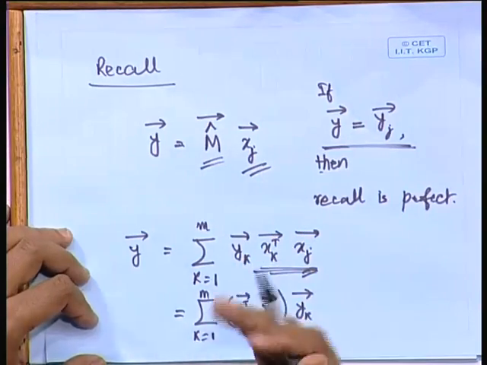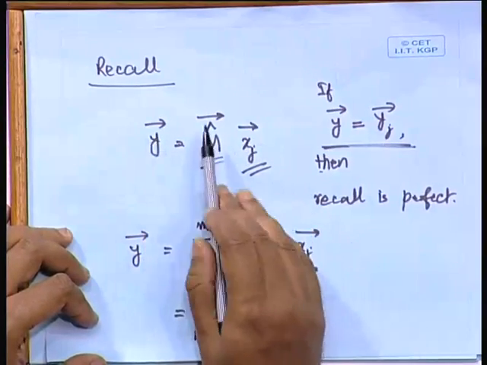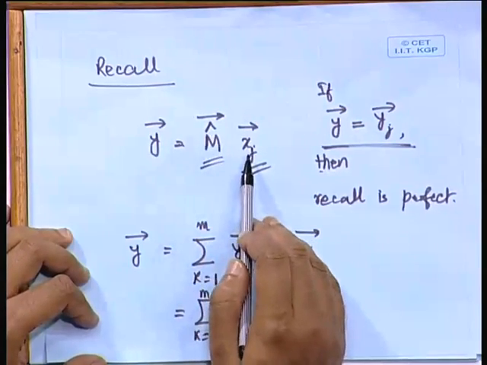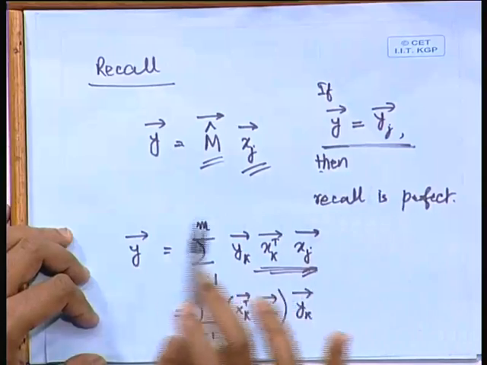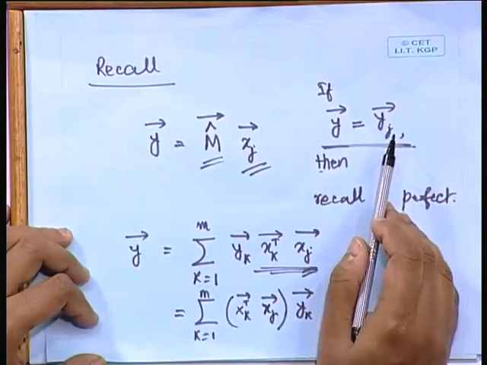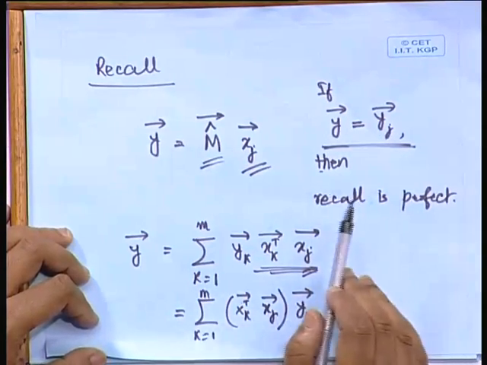We had just happened to pick up a particular pattern X of j, okay, and then we got the output Y, okay, as the product of this M matrix and Xj vector.